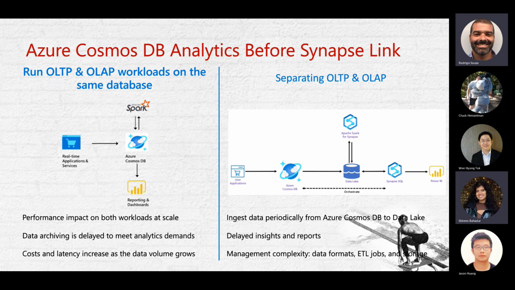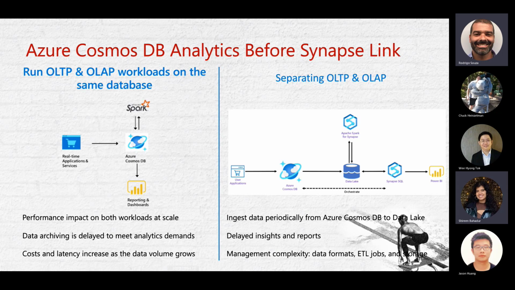The first one, you're going to have a performance impact on both workloads because they're going to compete for the same Cosmos DB resources. Also, this implementation blocks customers from archiving their data. So customers need to keep their data for longer in the Cosmos DB transactional store. And this brings costs and performance issues as well.